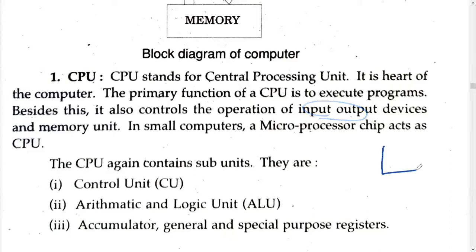As it stands between the input and output devices, the central processing unit handles both the input and output devices, and processes the instructions. We have control unit, arithmetic logic unit, we have a chipset, GPU, graphic processing unit, etc. We have different names.